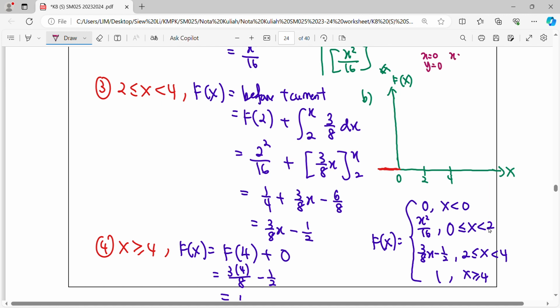Ending point, when x equals 2, how far can this graph reach? 2 squared over 16, so it will be 1 over 4. So this is our second graph. It will start from 0 up to 1 over 4. So here will be 2 over 4, 3 over 4, then 1 maximum.